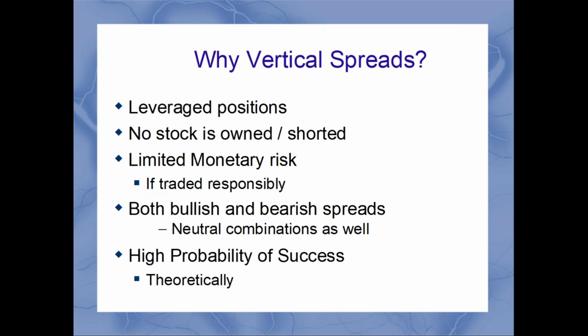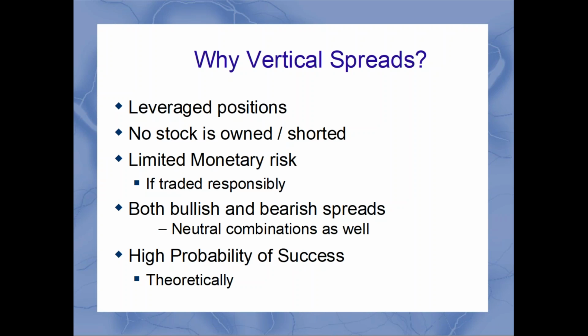We can be both bullish and bearish. Ronald said earlier he's intermediate on condors, so he's combining a bullish and bearish spread to create a neutral combination. Probably going to cover that later in the week, not so much today. And we can set up positions, the structure of the trade, to have a high probability of success. Well, theoretically, okay?